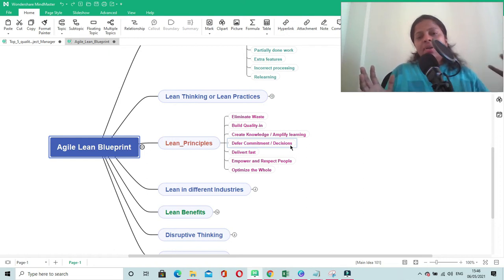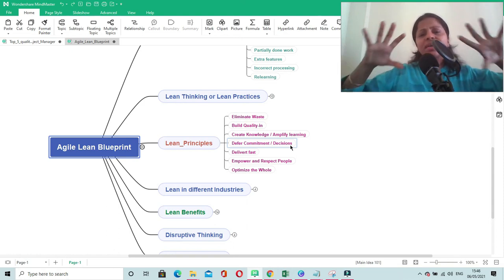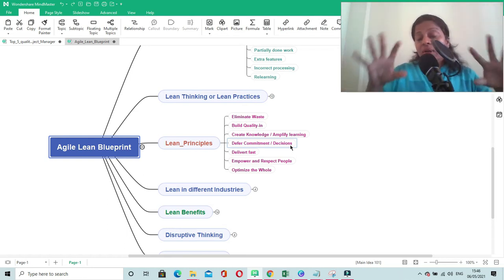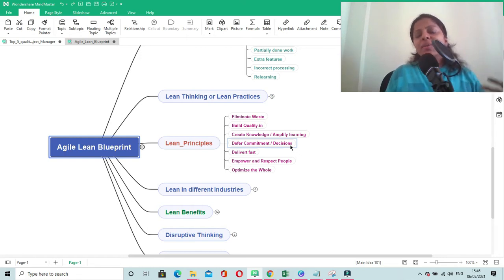For example, if you are creating an e-commerce application, and in that application you are not sure what theme you need to take for the complete application, the look and feel of the application. So in the initial stage, what you can do is keep it simple and proceed with the rest of the functionality of your e-commerce application.